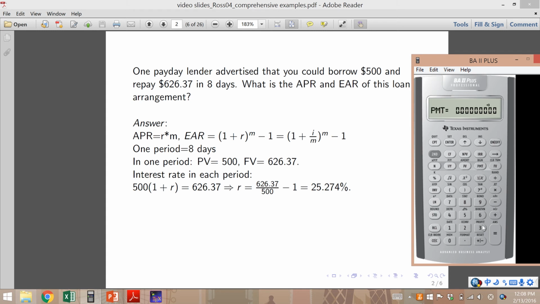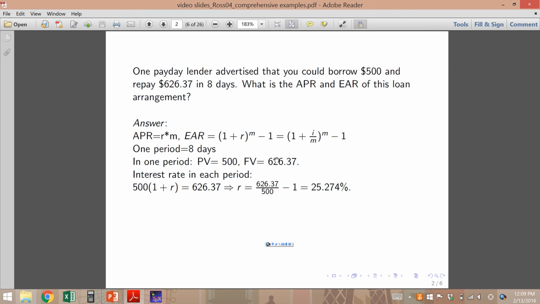And the future value equals $606.37. Now remember, in the last lecture, I told you that whenever you input PV and future value at the same time, one of them has to be negative. So I'll set the future value to be negative. Okay, and then we compute I over Y. So I over Y is 25.274%.